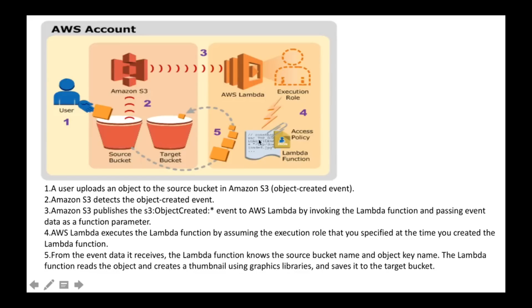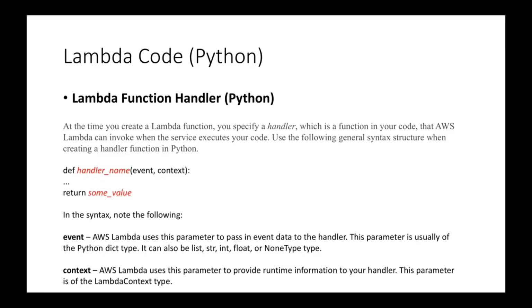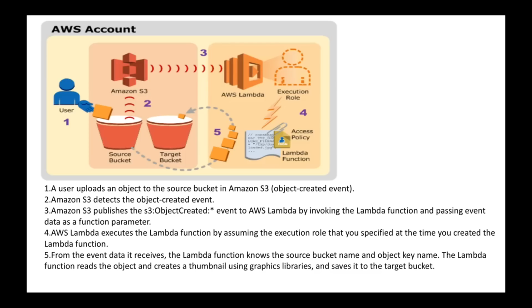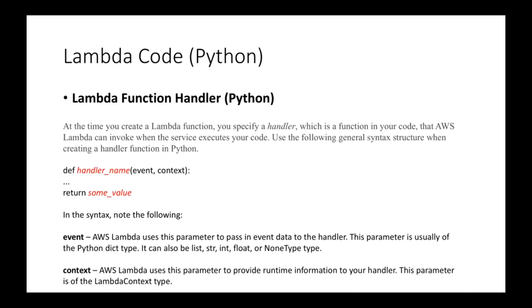Once everything passes, your code is executed. In the code, I'm saying if a new object ever comes, copy the data from the source bucket to the target bucket. I will give you a demonstration of this after this slide deck. I'm pretty much done with the slide deck. Let's go to the actual scenario, and then we'll come back if anything is missing.